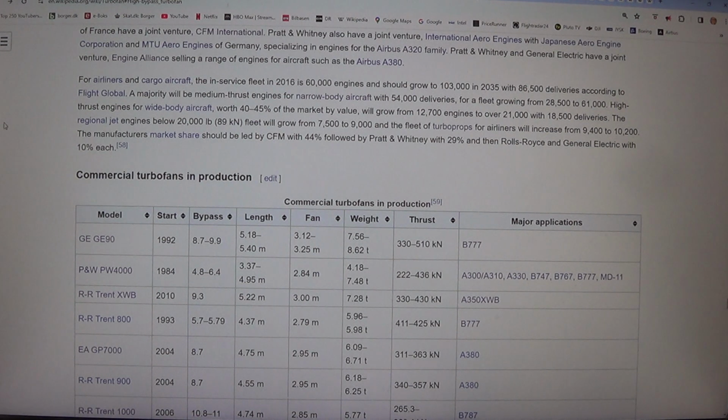as the Airbus A380. For airliners and cargo aircraft, the in-service fleet in 2016 is 60,000 engines and should grow to 103,000 in 2035, with 86,500 deliveries according to Flight Global.